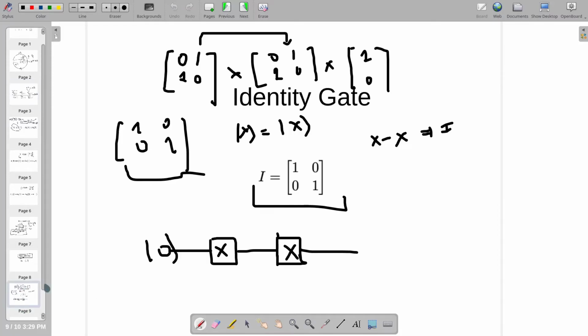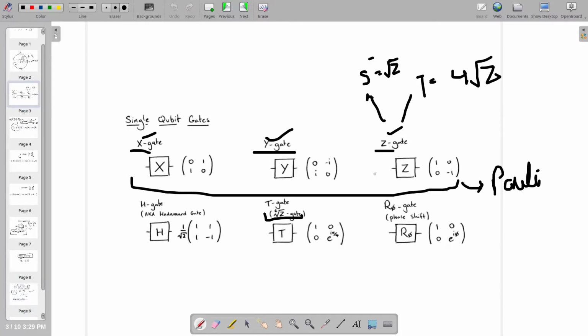So the R phase shift gate basically covers this gate and the S gate. You should be familiar with this, and you are already familiar with this and this gate.